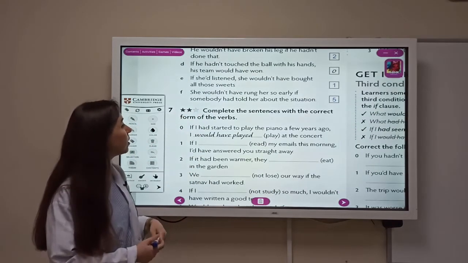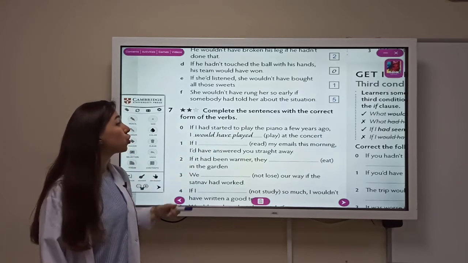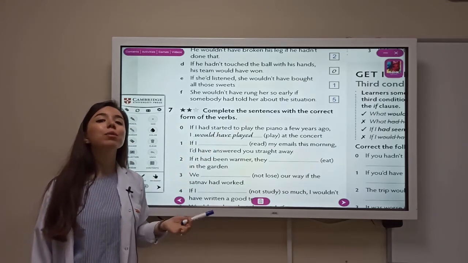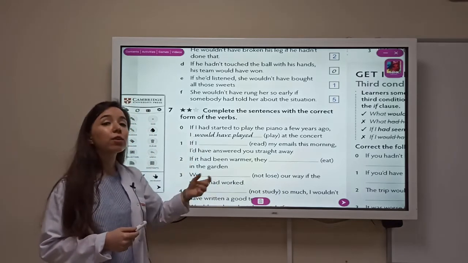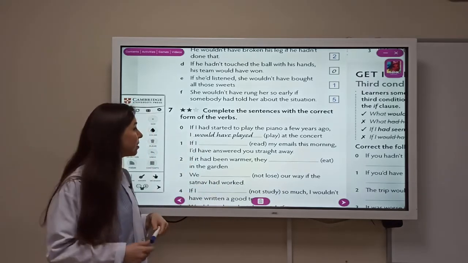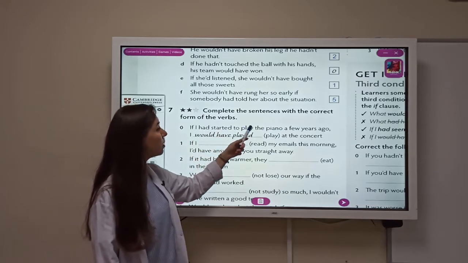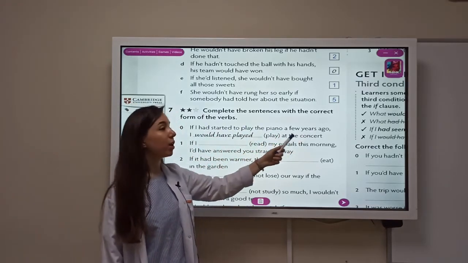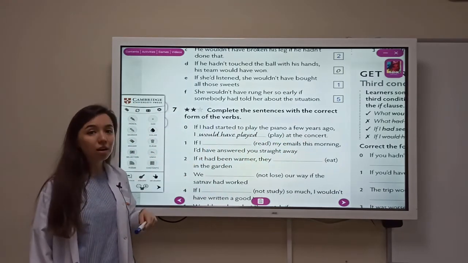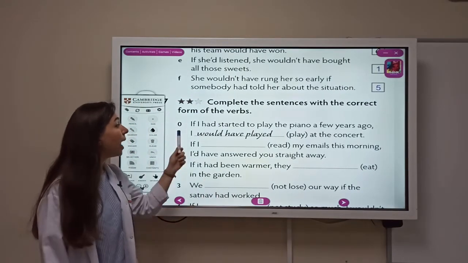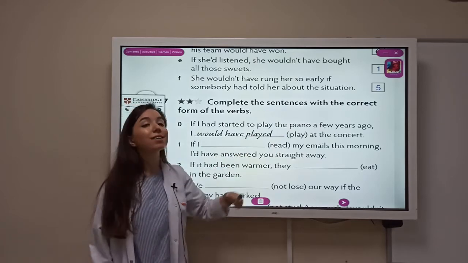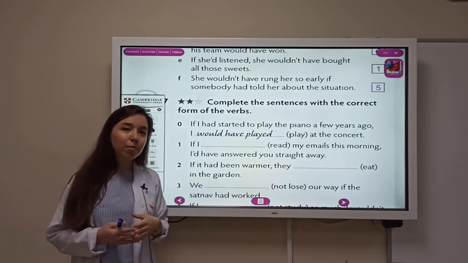So, now come here, complete the sentences with the correct form of the verb. Because the grammar is again about the third conditional sentences, we have to be careful about making our sentences. If I had started to play the piano a few years ago, look at here, had started, yes? It's the past perfect. If I had started to play, I would have played that concert. We are talking about something unreal, yes?